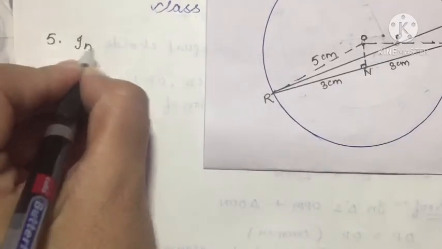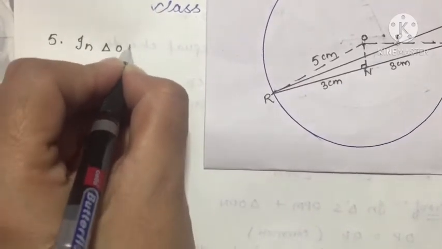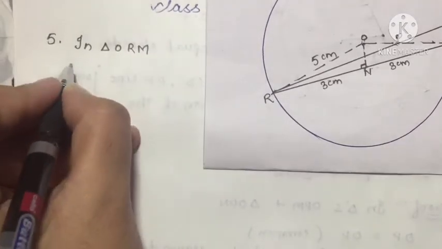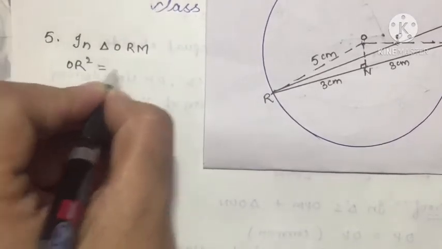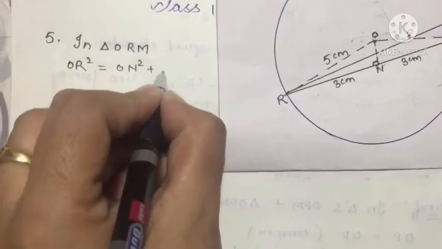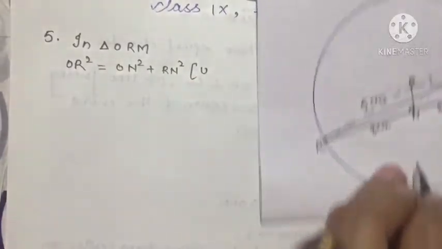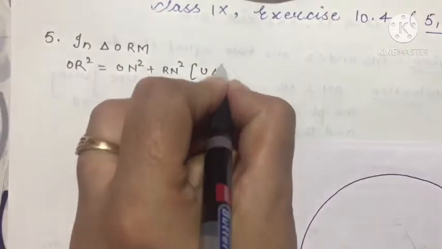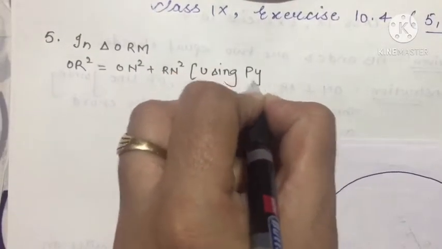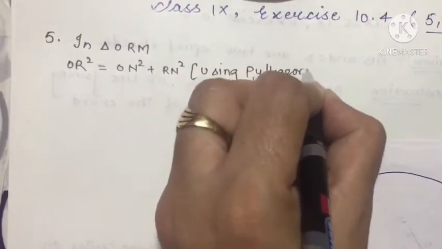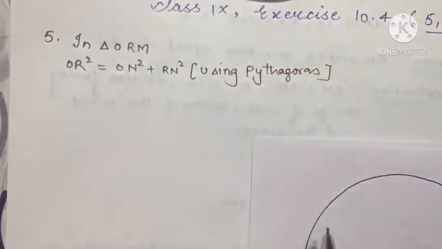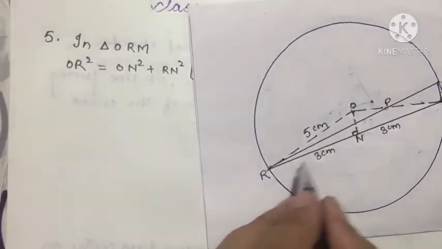In triangle ORN, OR square is equal to ON square plus RN square, using Pythagoras.